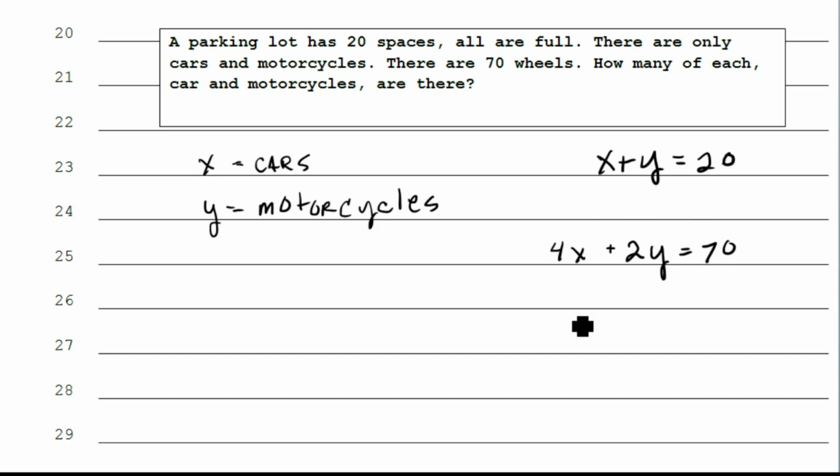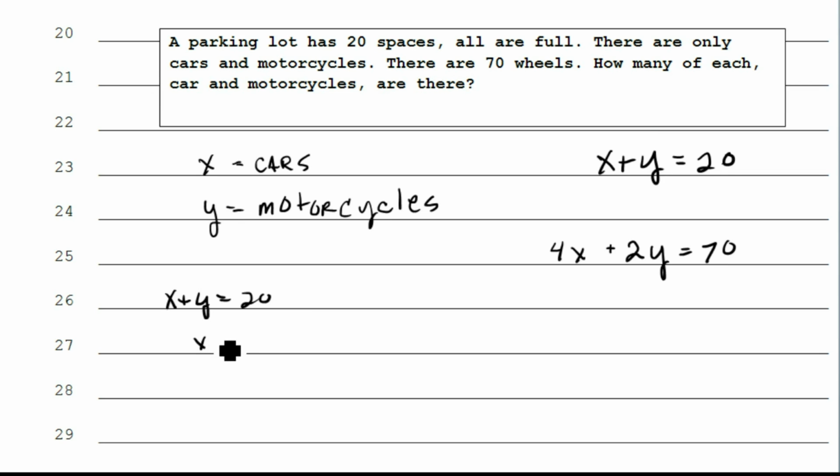Now you have 2 equations, and you have 2 unknowns, X and Y. You can solve one equation for either variable, X or Y, and then insert it into the second equation where it sits. Like X plus Y is 20.